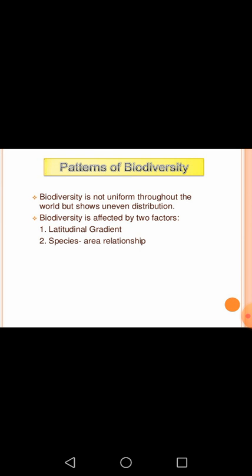So students, as we know, biodiversity is not uniform throughout the world, which means it is unevenly distributed. There are two factors which are responsible for this uneven distribution of biodiversity.